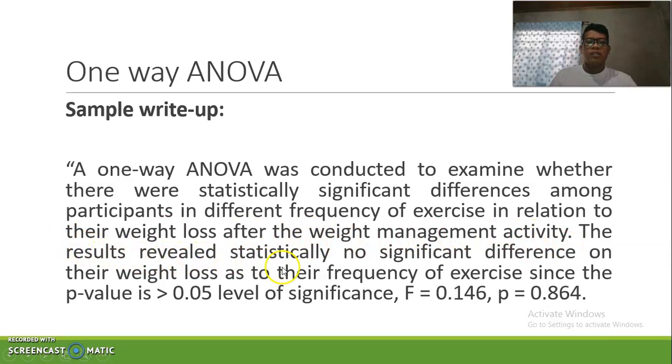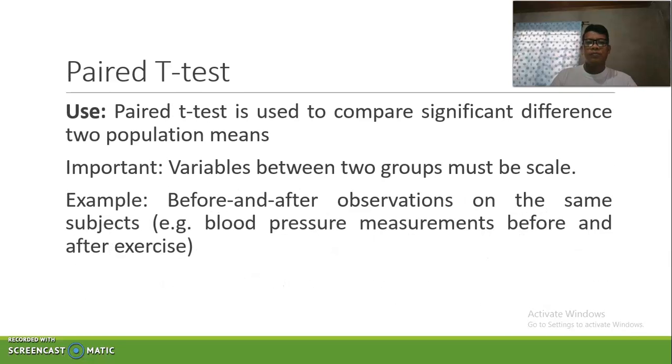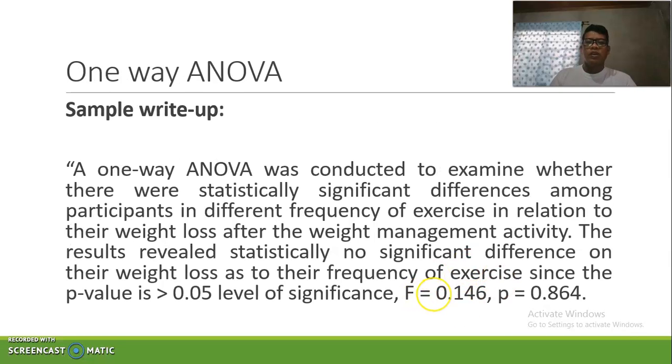The results revealed no statistically significant difference in their weight loss as to their frequency of exercise, since the p-value is greater than 0.05 level of significance. We have to report the F-value and the p-value. Since there is no significant difference, we are not going to provide the post hoc test of this data.